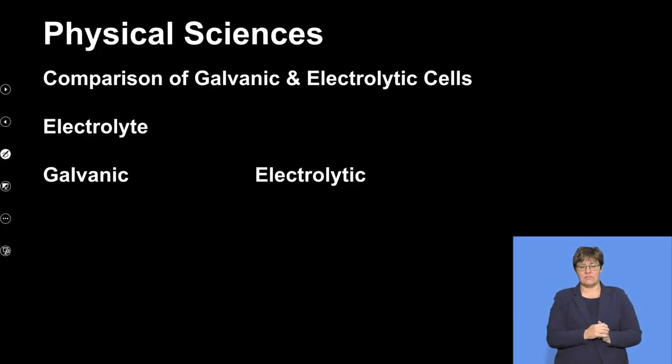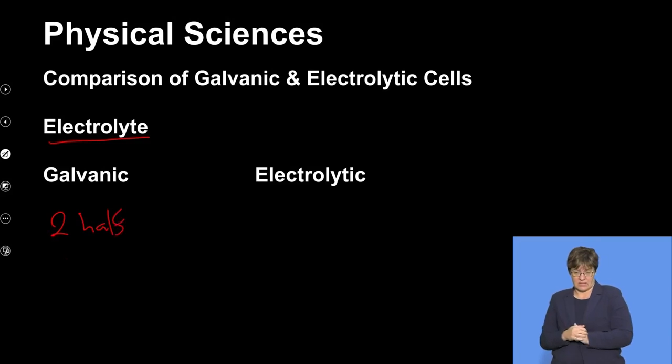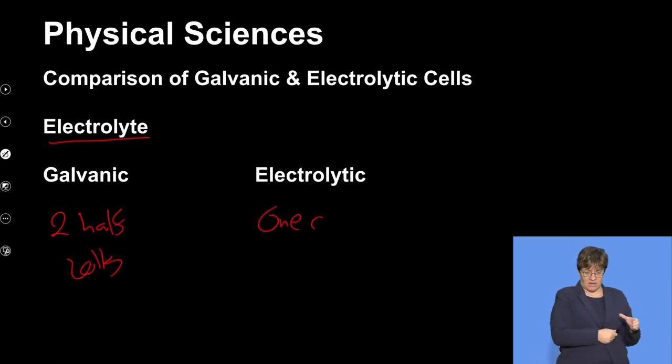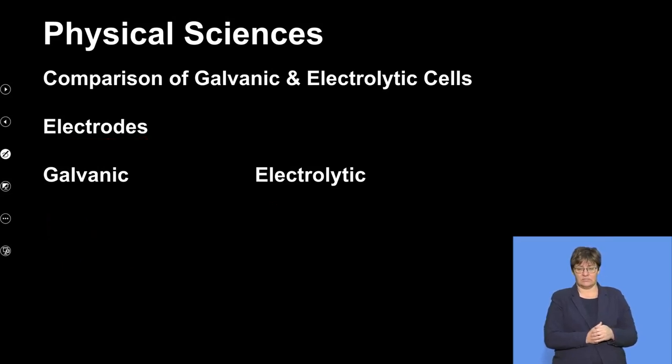I want you to recognize that they all have electrolytes, and in the galvanic cell, those can be molten or they can be in solution. There are two cells here. There are two half cells. And there's one cell usually here. Okay? If we go back to another comparison, they are usually different electrodes.